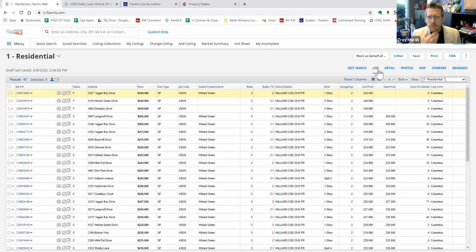And they go, well, what about the one that sold in January for like 240? You want to know why I do this? Because I've had that happen before. So never depend on the subdivision name for your area.